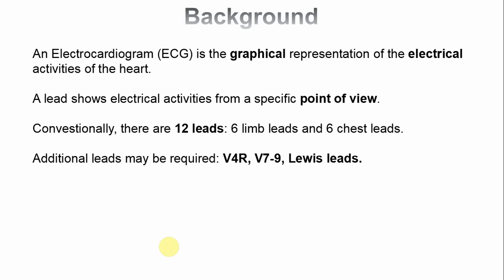So you can do a lot of different leads, but in a normal ECG, we look at 12 leads, 6 chest leads and 6 limb leads. In this video, we are going to talk mostly about this 12-lead ECG, but in some subsequent videos we can talk about V4R, V7 to V9, and also Lewis leads.